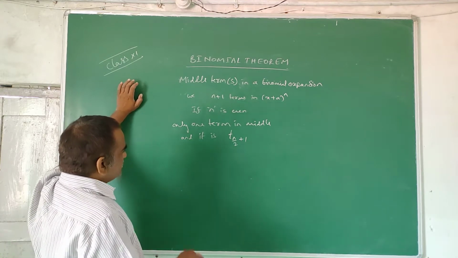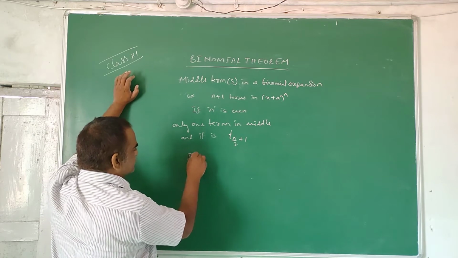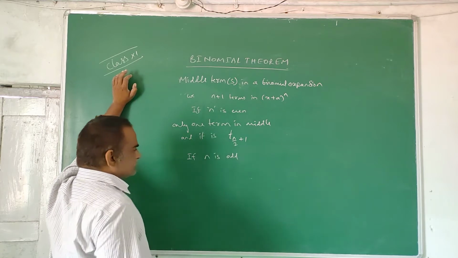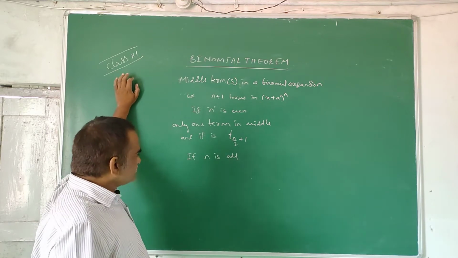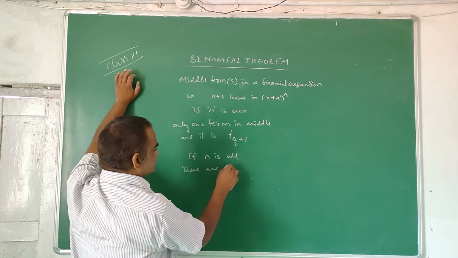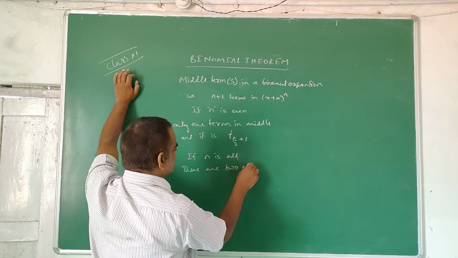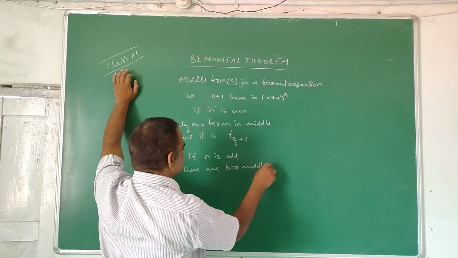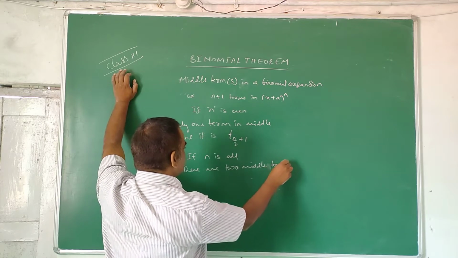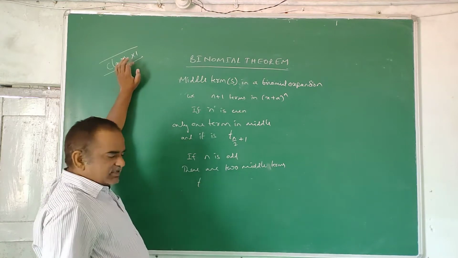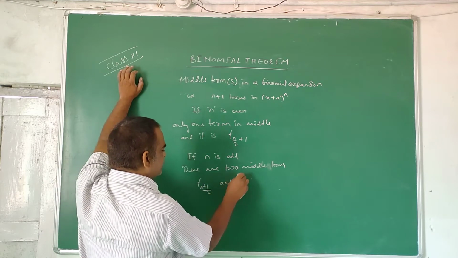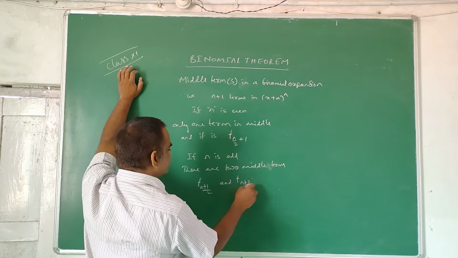Next, suppose n is odd. There are two middle terms, and they are the (n plus 1 by 2)th term and the (n plus 3 by 2)th term.